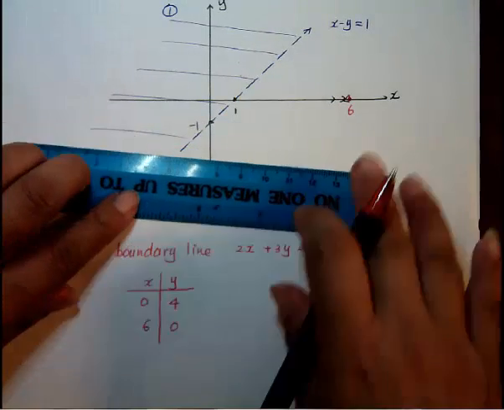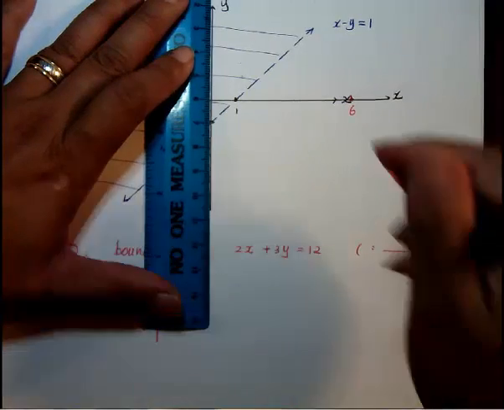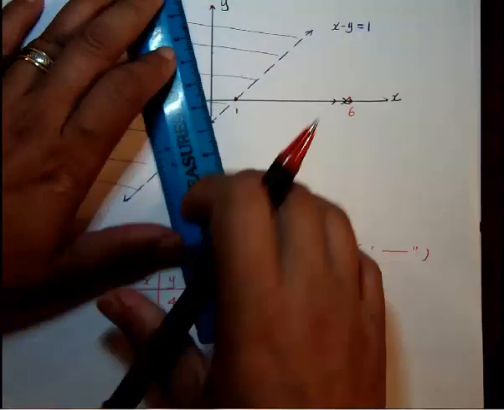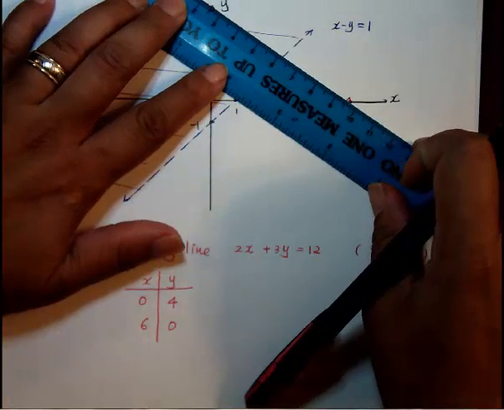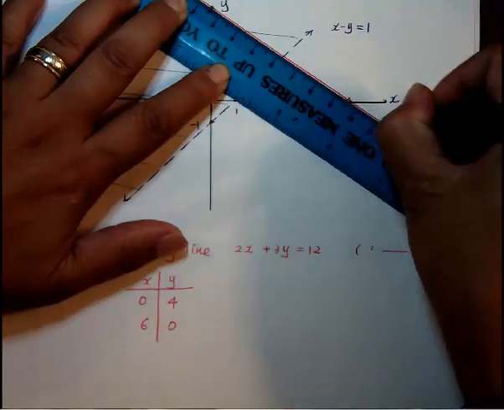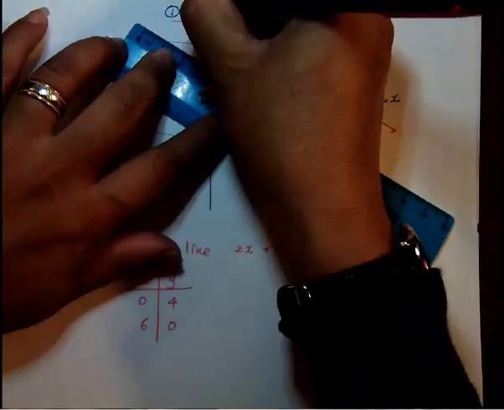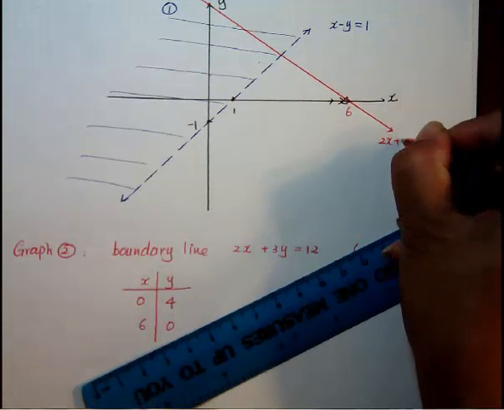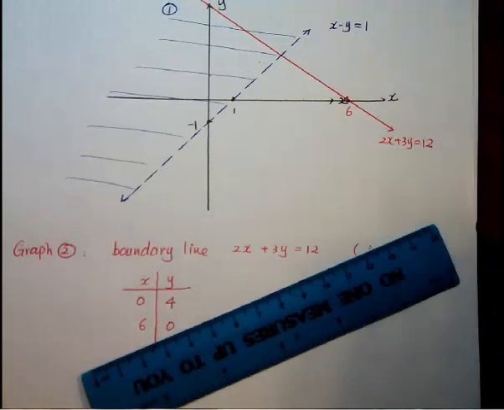Another point is when y equals 4. Okay, that's y equal to 4. Connect these two points with a solid line. So that is our inequality boundary, 2x plus 3y equals 12.